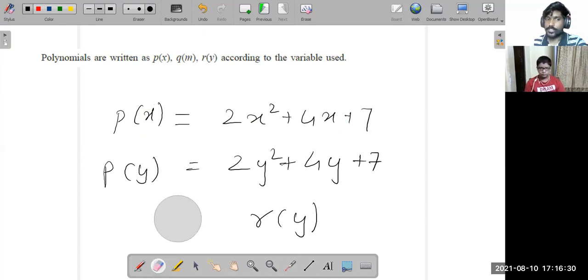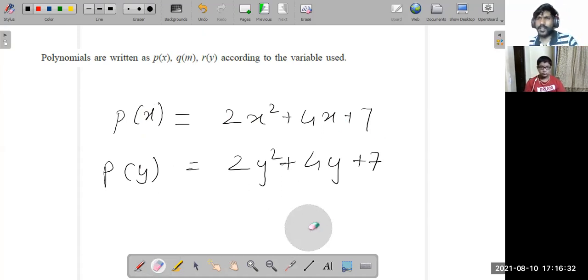Mostly we use p to denote polynomial, q and r are used rarely. Clear? Is this clear? Yes, sir.